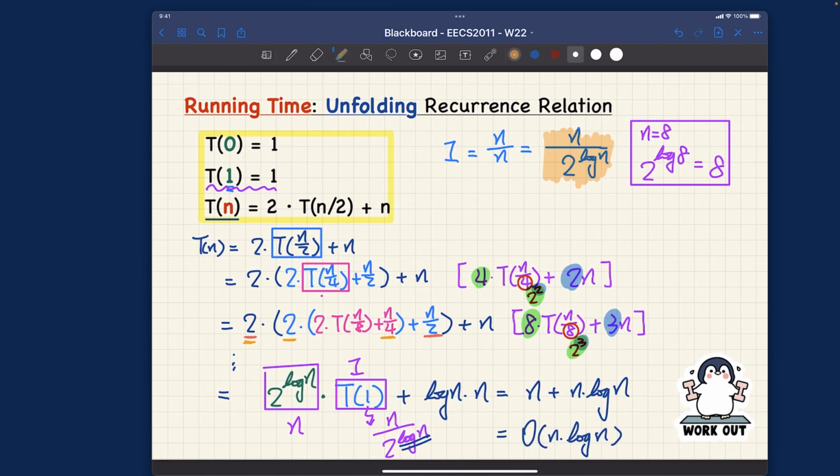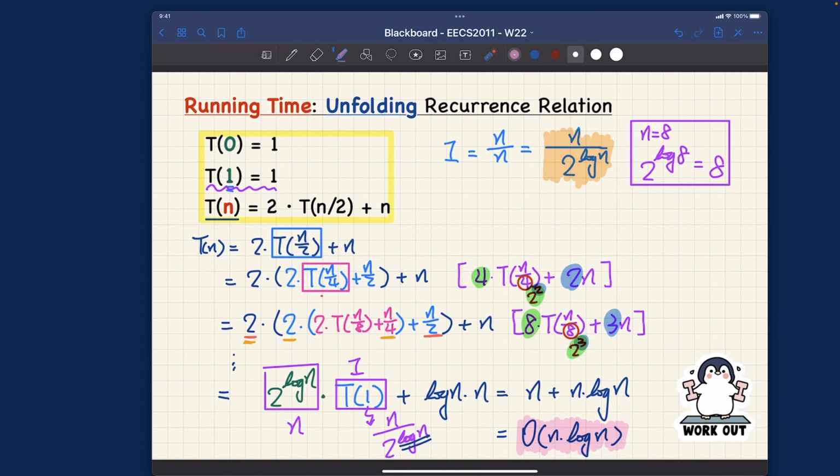This will be the final answer for the running time of merge sort, which corresponds to what we derived from approach number 1 when we analyzed the recursion tree of the merge sort algorithm. Alrighty, so that's about the derivation. Again, there are two different approaches for you to unfold the recurrence relation.